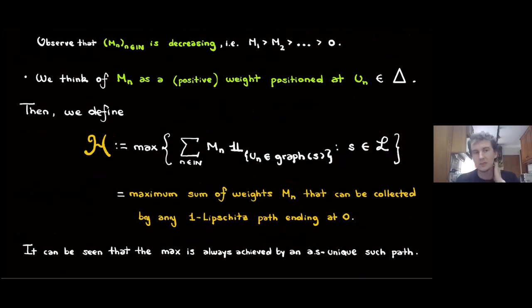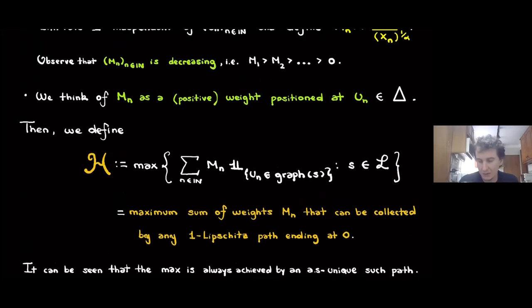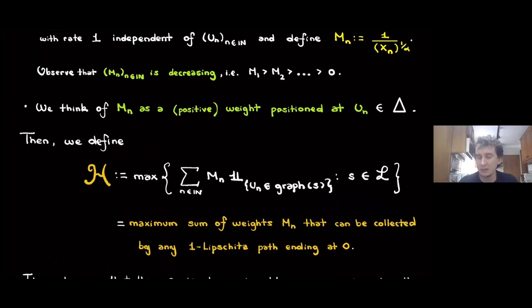So you see that this H is somehow the solution to a last passage percolation problem, which is a continuous version of the last passage percolation problem, because we have weights which, instead of being positioned at the different sites of a given lattice, are now located at random inside a triangle.